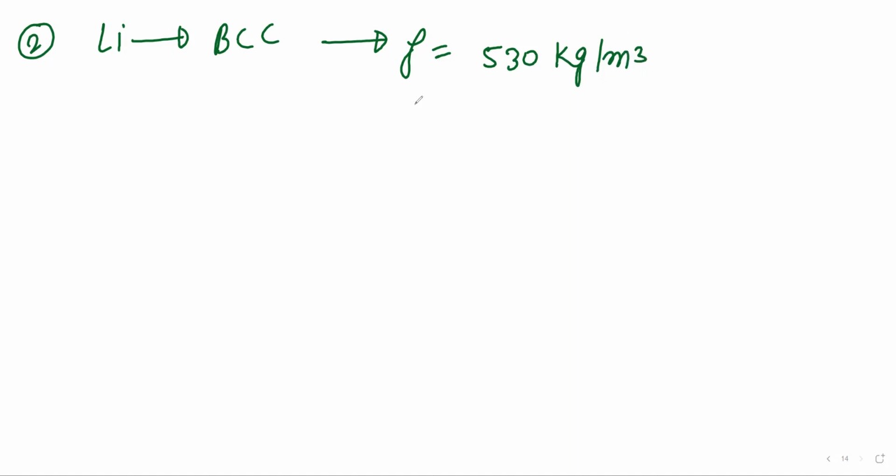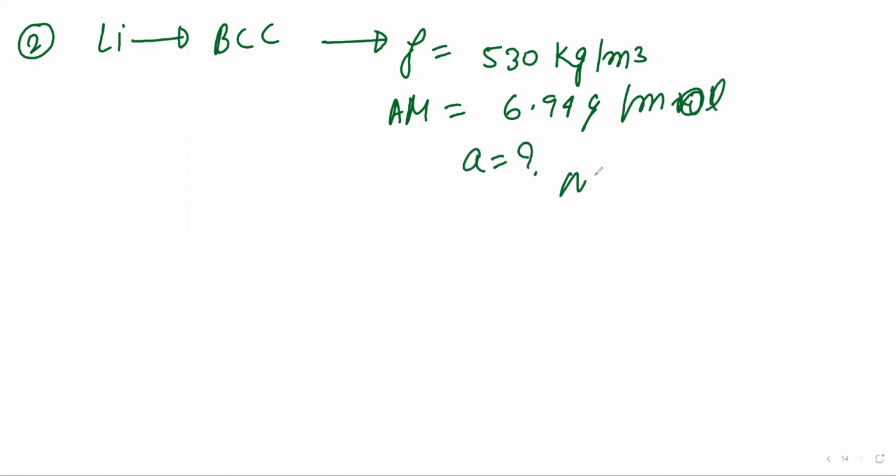Atomic mass is given, that is 6.94 gram per mole. So calculate the edge length. Avogadro number value is given as 6.02 into 10 raised to 23 per mole, right? So use the direct density formula.